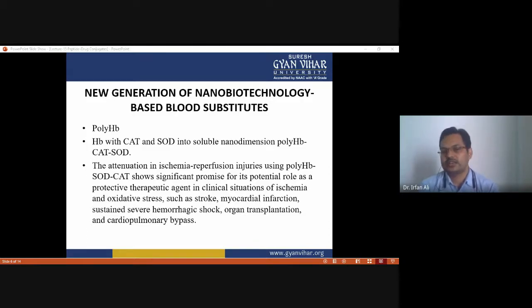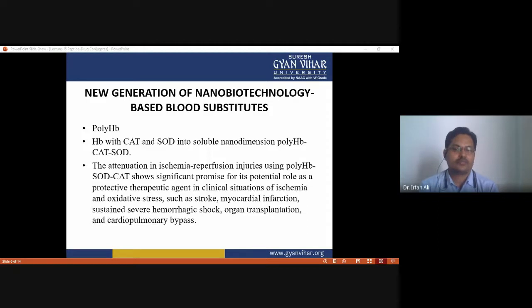And cross-linking of these enzymes to polyhemoglobin is important because otherwise free SOD and catalase are removed rapidly from the circulation, because the half life of SOD and catalase is less than 30 minutes. In the form of polyhemoglobin catalase SOD, these enzymes circulate with a much longer half time, which is about 24 hours in humans.